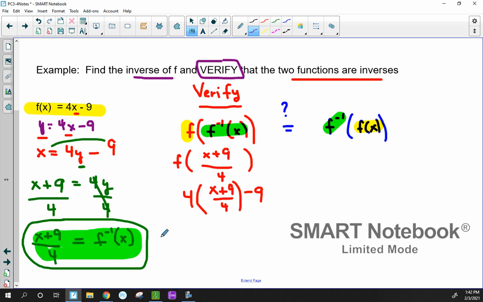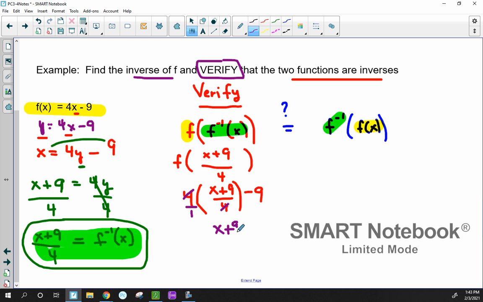Looking at it, these are two fractions basically. 4 is 4 over 1. When you're multiplying fractions, you usually just go straight across. But also a shortcut that you may have learned back in middle school is if the numerator of one fraction is the same as the denominator of the second, you are allowed to simplify those. So that's 4 divided by 4, which is essentially 1. I'm just left with x plus 9.